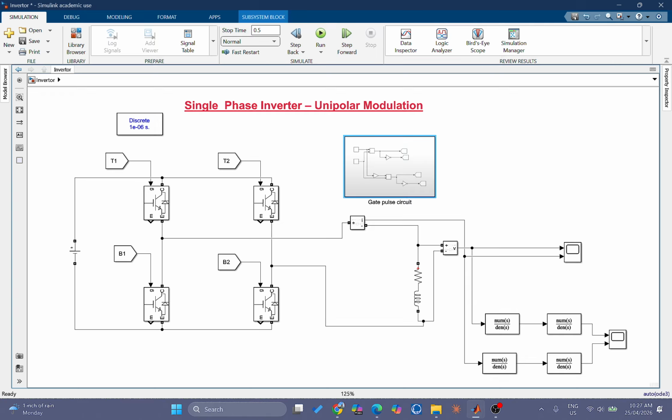In the case of the H-bridge inverter, we have 4 switches. They can be MOSFETs or IGBTs. T1 and B1 make one leg, T2 and B2 make another leg, and in my model, I'm going to use a discrete mode. The powergui is set to discrete mode with a sample time of 1e-6 seconds, because PWM switching needs very small simulation steps.